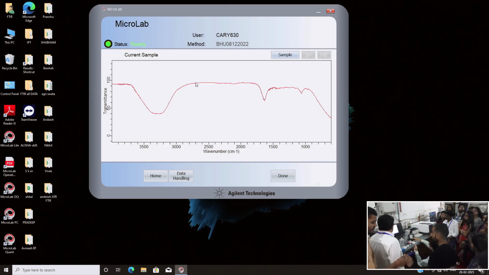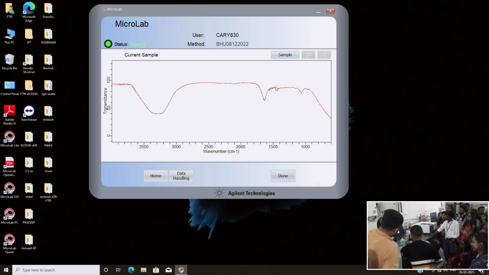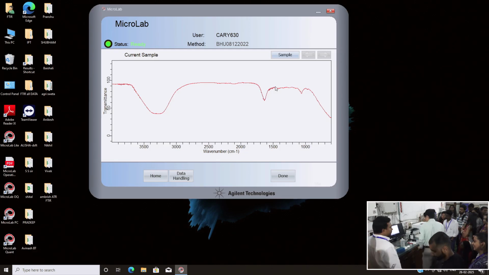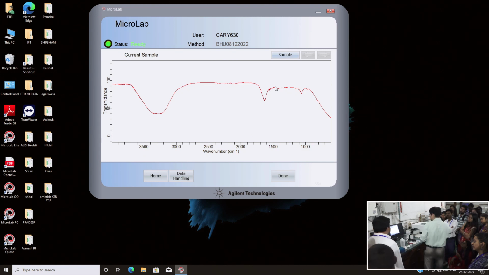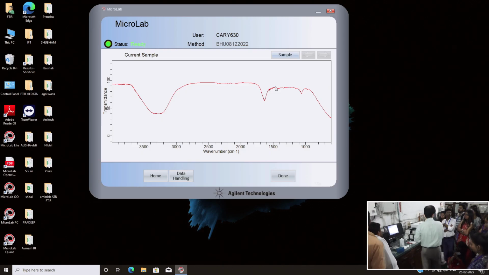This is the so-called solvent spectrum. In order to measure the solvent spectrum, I0 is air and I is water. Then I get a spectrum of water. In the next measurement, we replace the sample from water to sugar solution.